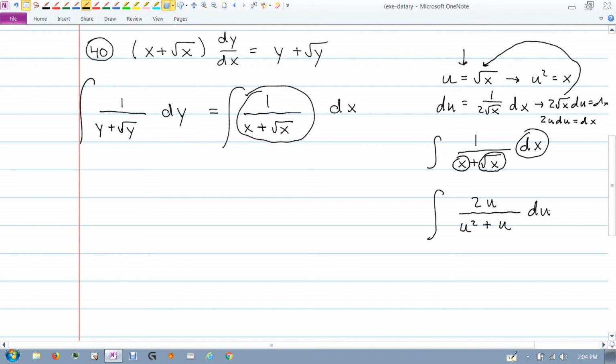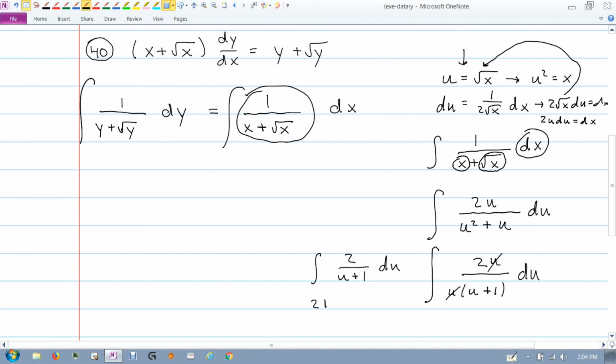And now, at this point, let's see, factor a u out of the bottom, and then cancel the u's. And that means I have integral of 2 over u plus 1. Something doesn't seem right there. But let me just double check it. Yeah, that's right. Okay, du.